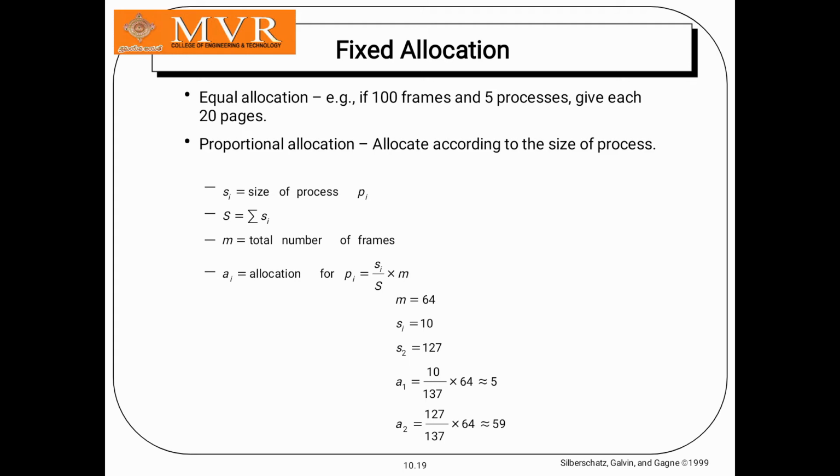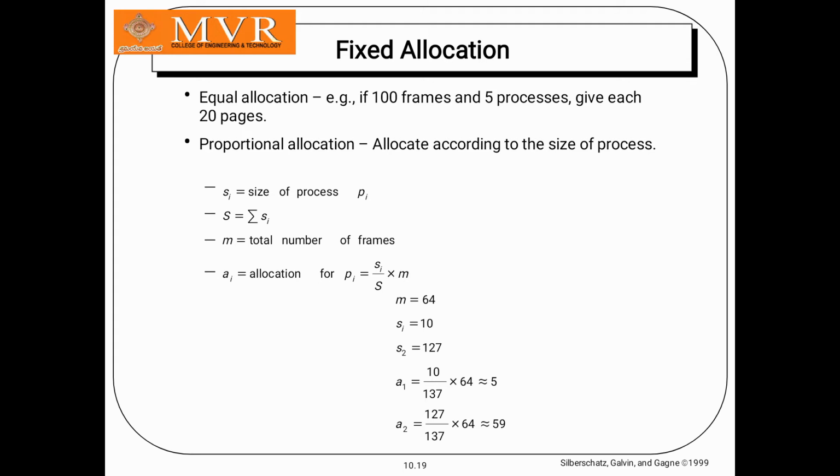In equal allocation, for example, if there are 100 frames to distribute, give each process 20 pages. That is fixed, whether it is needed or not. Proportional allocation allocates according to the size of the process.